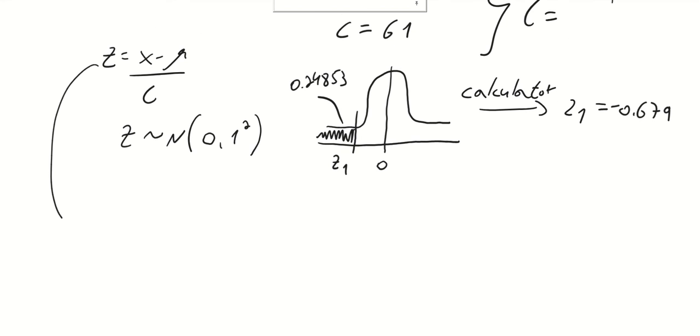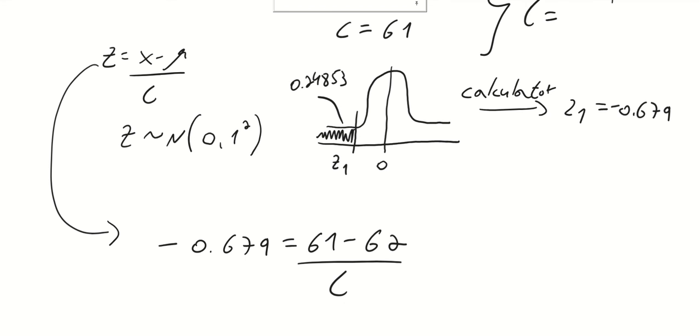So I will take this transformation, and z is negative 0.679. The value of x was 61. Mu was 62. And sigma is the variable.